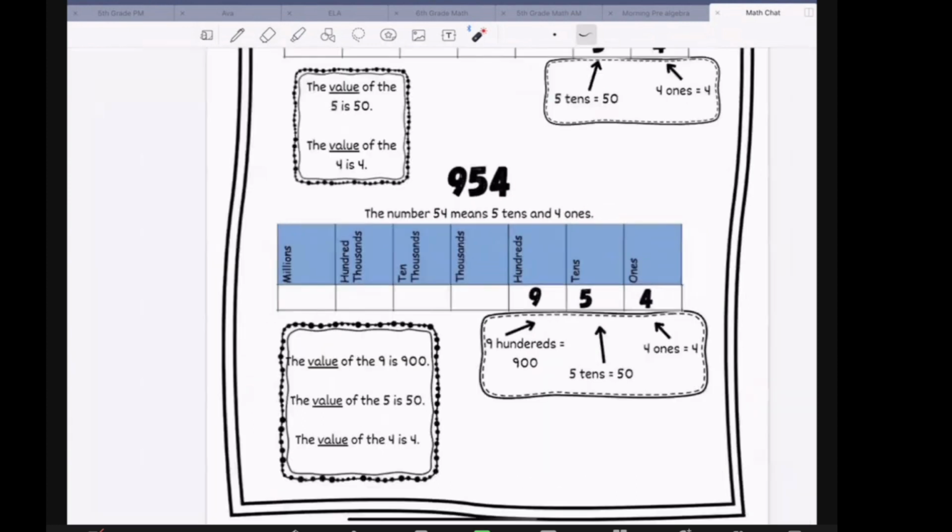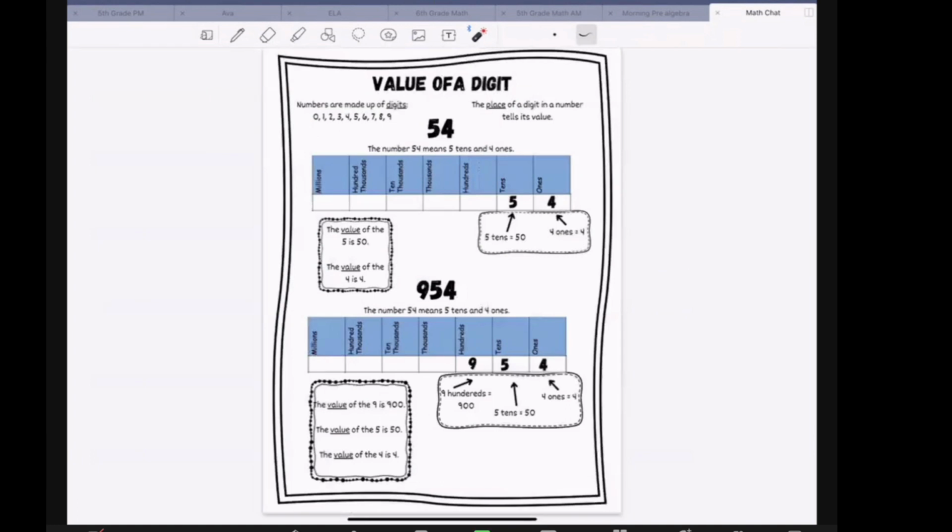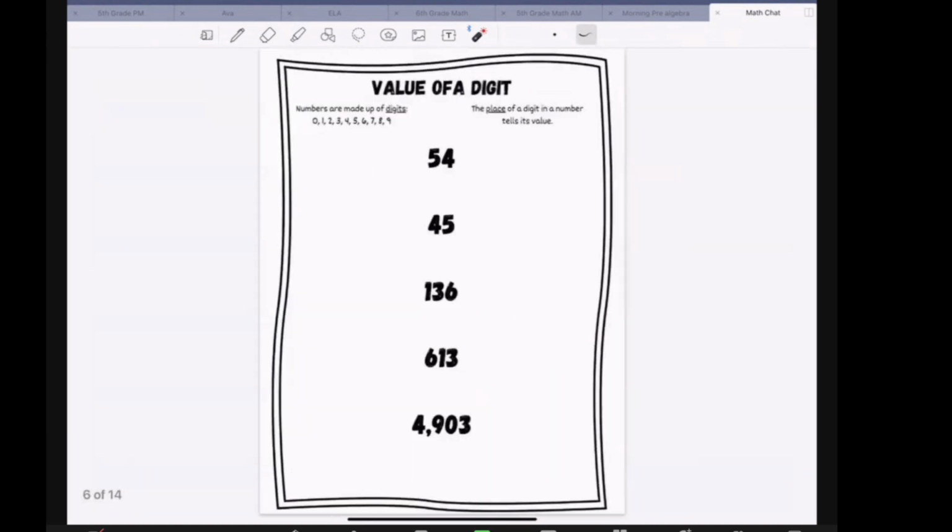Let's do some practice real quickly on the next page. Okay, we already did 54. So what is the place value? I'm going to model for you these two. And then I want you to pause the video and try these two, and then we're going to do this one together. So the place value of 54: our 5 is 50, and the place value of 4 is 4.